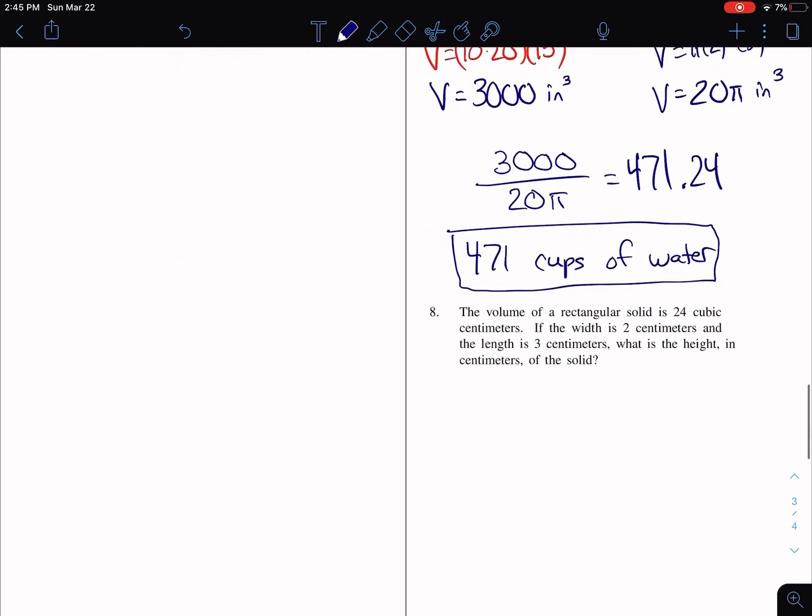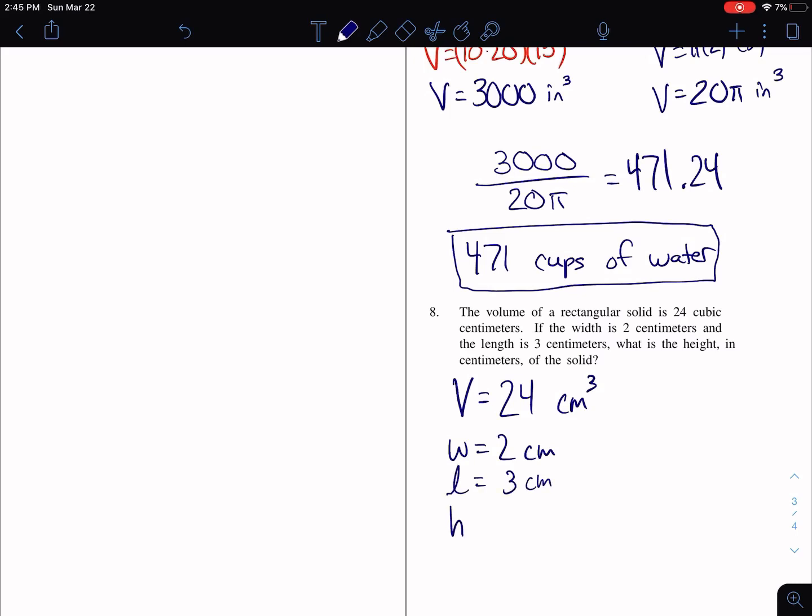Okay, let's take a look at number 8. The volume of a rectangular solid is 24 cubic centimeters. First sentence, they gave us the volume. Okay, volume is 24 cubic centimeters. They also gave me the width is 2 centimeters, and they gave me the length is 3 centimeters.